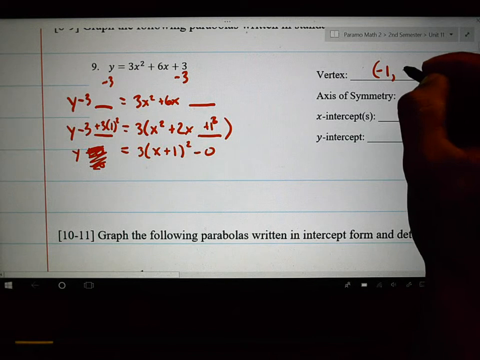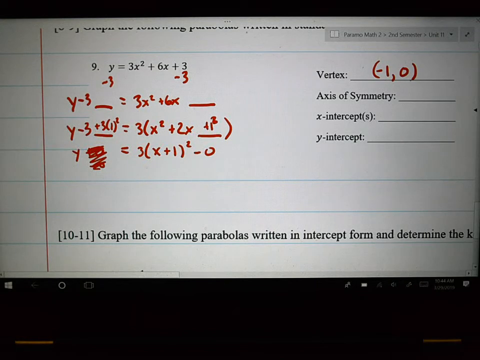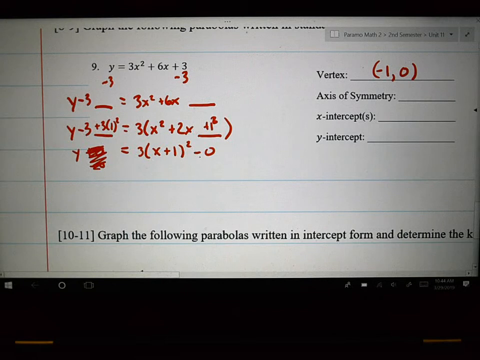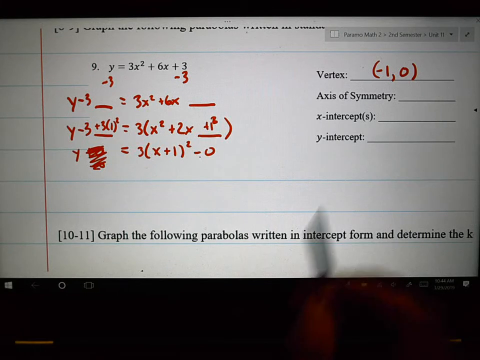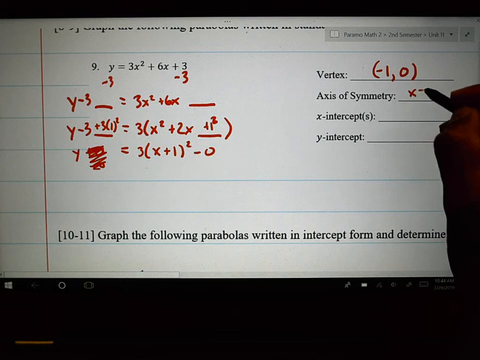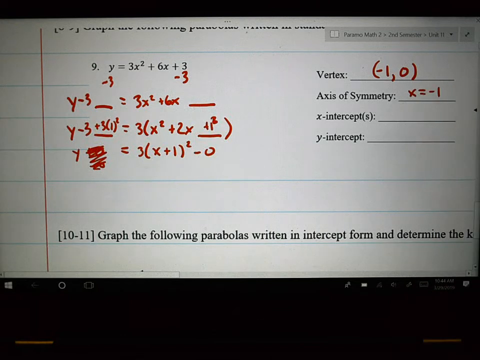Same, 0. There is no such thing as a -0. It's just 0. There's no such thing as a positive 0 for that matter. It's just 0. The axis of symmetry is the same thing as the x-coordinate. X is equal to -1. It's a vertical line. We write x is equal to.